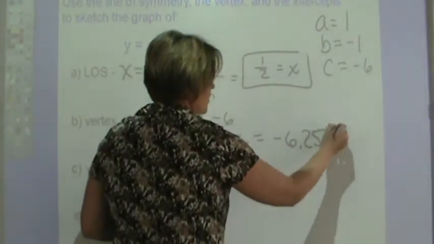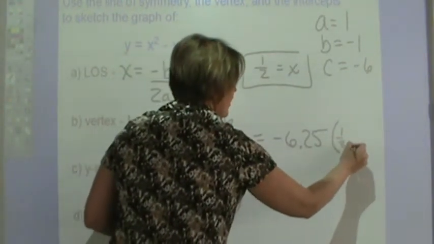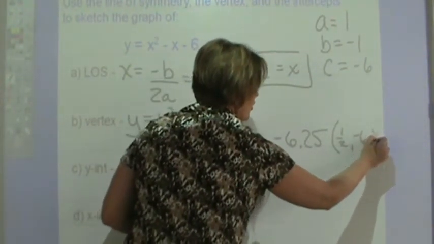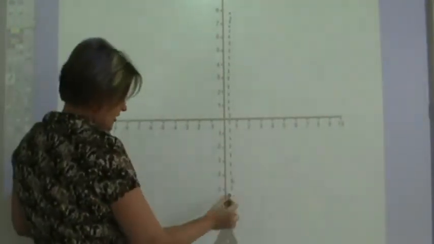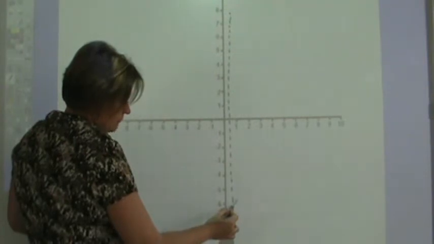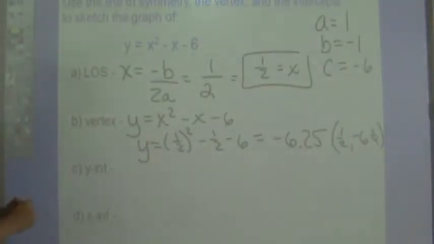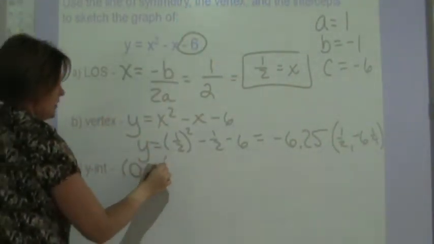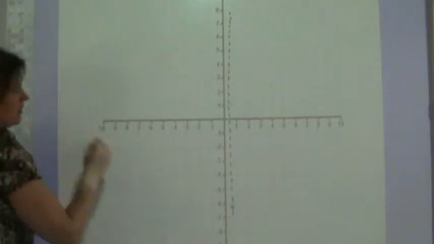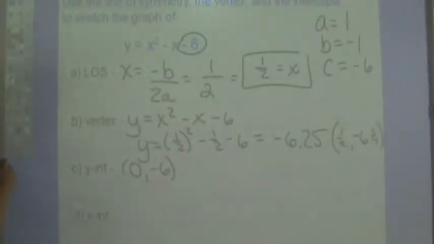So we get positive a half and negative 6 1/4. So just kind of put it about there, close enough. For the y-intercept, the short way is just to take our c, so it's 0, negative 6. So it crosses here.